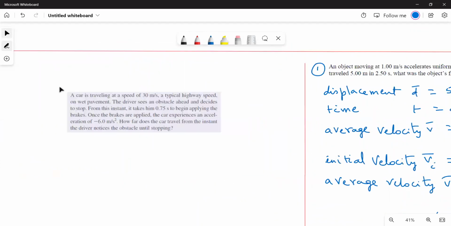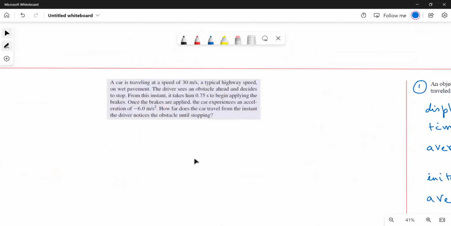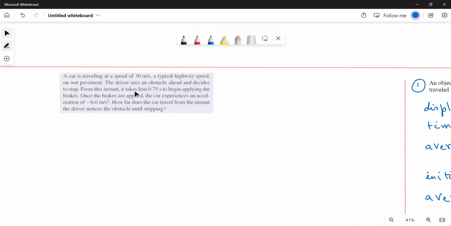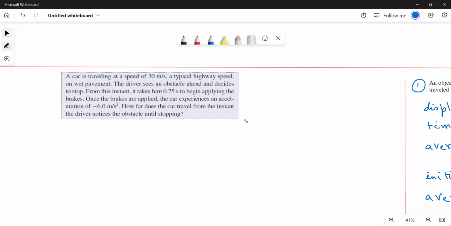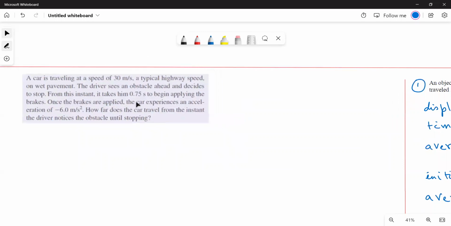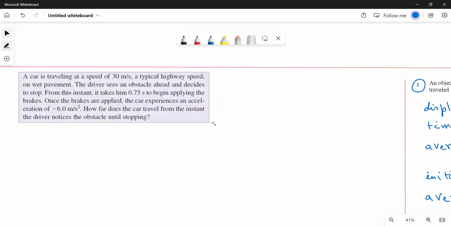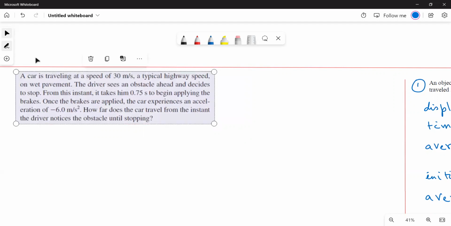Now we do a bit more difficult problem based on the kinematic equations. Let us see the problem. Can you see? I hope it is big. A car is traveling at a speed of 30 meters per second, a typical highway speed on wet pavement.